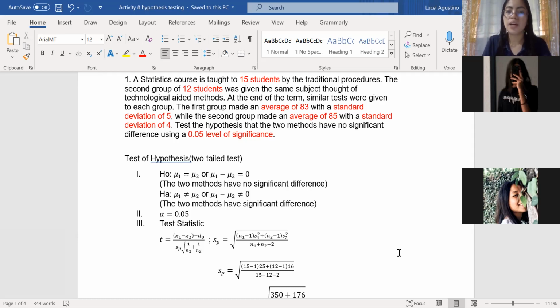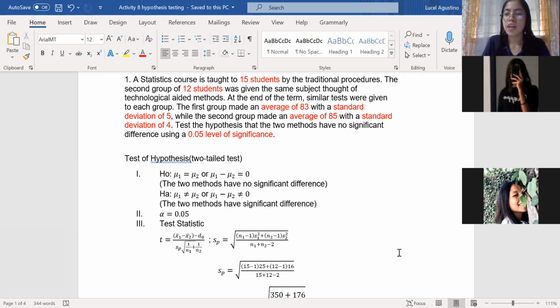The first group made an average of 83 with a standard deviation of 5. I assume you already know how to compute standard deviation from our previous lesson. The second group made an average of 85 with a standard deviation of 4. It is okay to compute manually if your data is only 15 or 30, so you can still use a calculator.